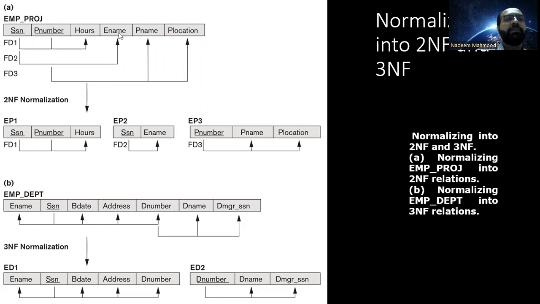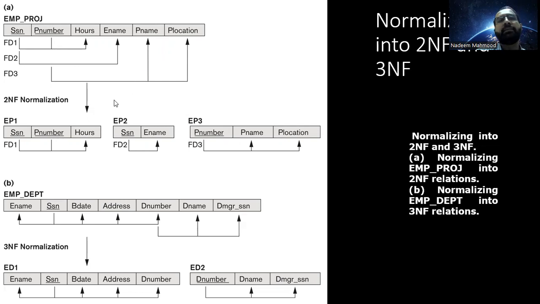SSN number determines ename, P number determines P name, and P number also determines P location. These are the given dependencies. Now, without populating the table, if we have those dependencies, obviously there is a violation. The violation is that hours is dependent on both, but ename is not dependent on both, and P name is not dependent on both.